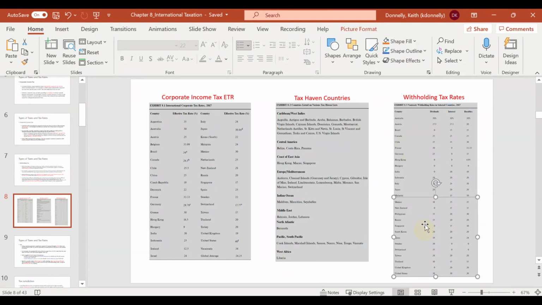And these guys right here, this withholding tax rate, this is showing you how countries impose withholding tax on specific types of income. So you can look at that there to see. So for example, if we look at the United States, dividends have a 30% withholding tax, 30 and 30 for interest and royalties. But that's not always the case, right? They can tax it at different amounts.